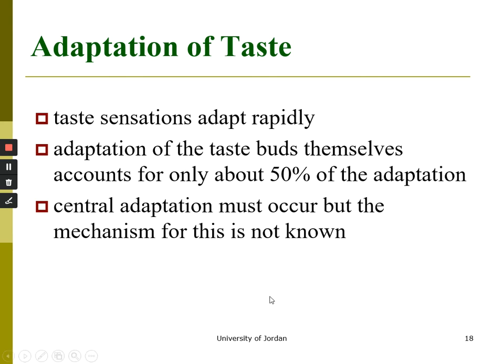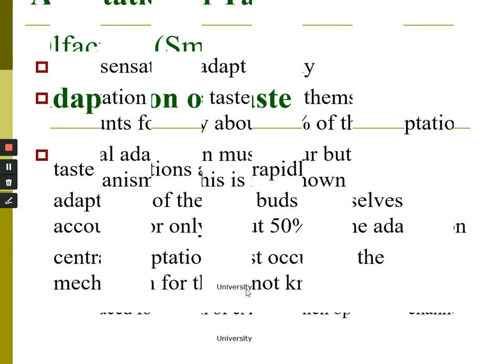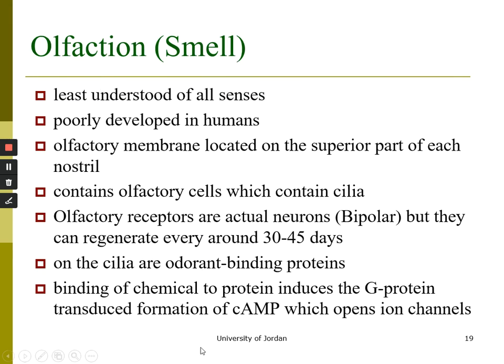Okay. So taste is one of the sensations that adapt very fast. The other sensation that adapts even faster than taste is smell, or olfaction. Smell adapts very fast. Okay, now we come to smell, the second chemical sensation.